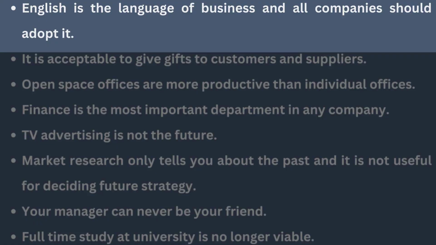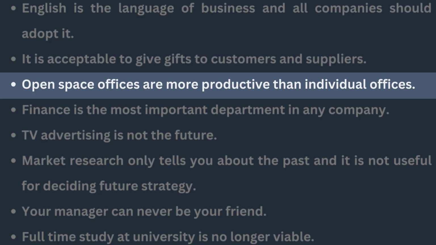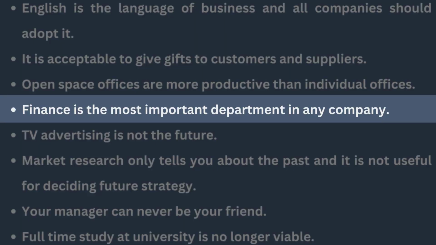So let's have a quick look at these statements. English is the language of business and all companies should adopt it. It is acceptable to give gifts to customers and suppliers. Open space offices are more productive than individual offices. Finance is the most important department in any company.